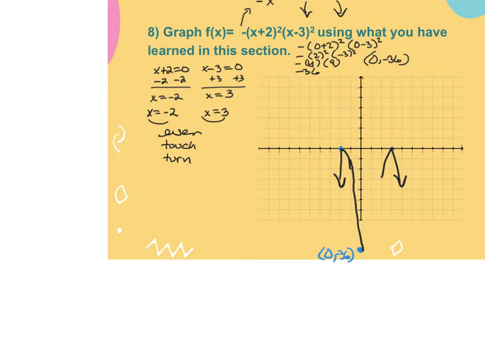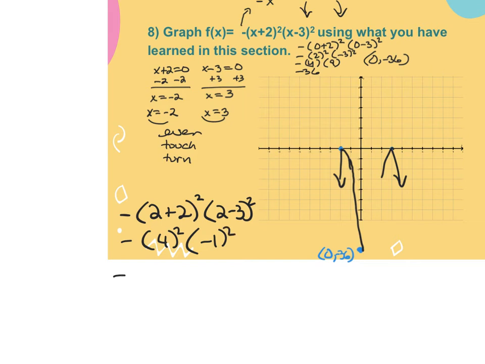So I'm going to come up here, negative, and then I'm going to do 2 + 2 squared, 2 - 3 squared. So 4 squared, -1 squared, -16 times 1, and I get -16. So I'm going to be graphing 2, -16.